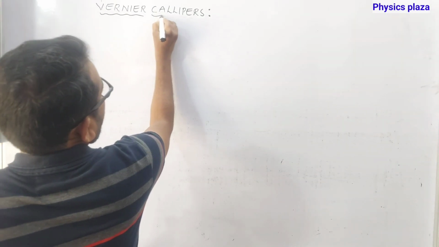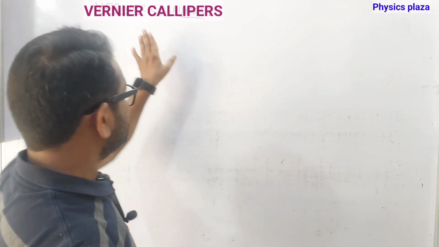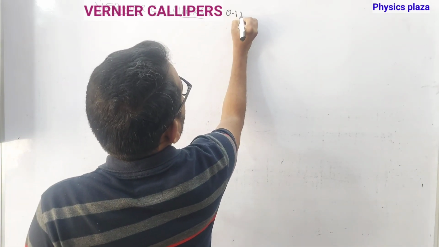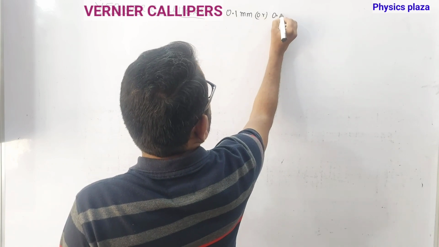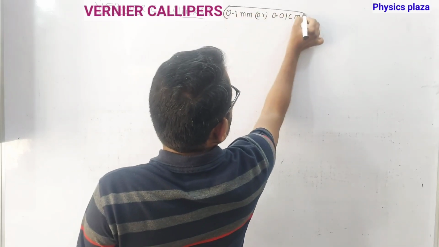Now we'll discuss vernier calipers. Children, once again we need to remember one important point. By using vernier calipers, we can measure the length up to 0.1 millimeter, or up to 0.01 centimeter. We will see how we get this value.